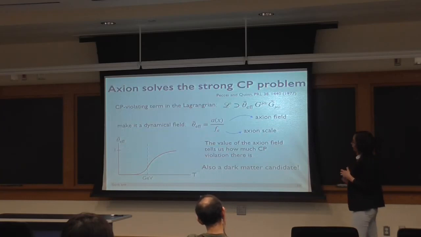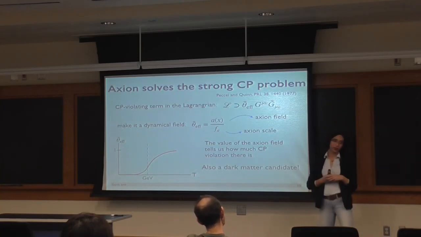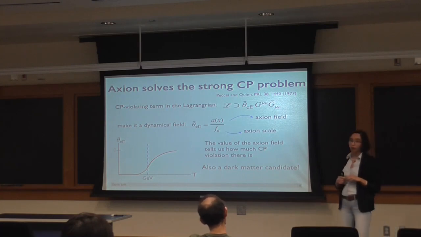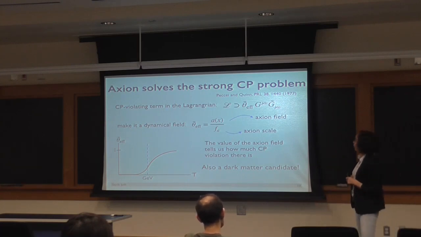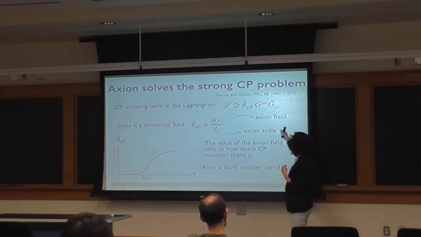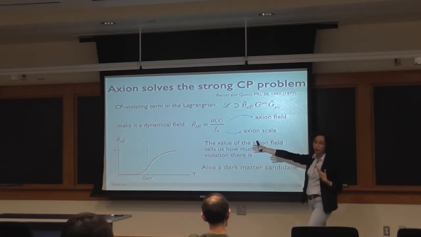One solution to this problem was introduced in the late 70s by Peccei and Quinn, and they came up with a symmetry argument for the smallness of this number. They basically promoted theta bar into a dynamical field.